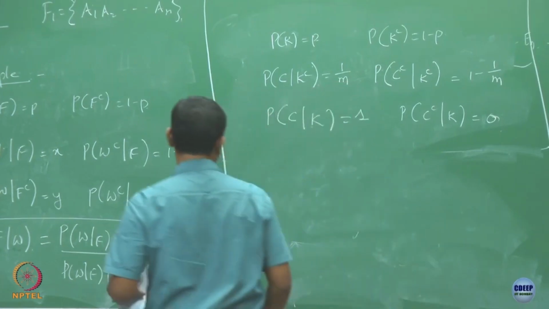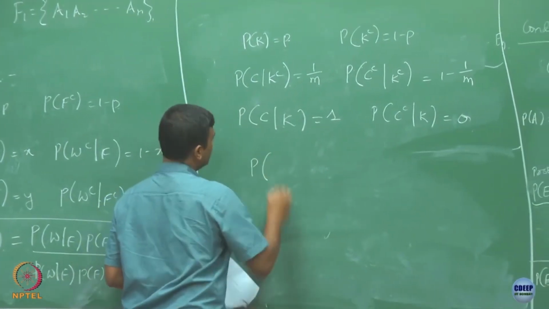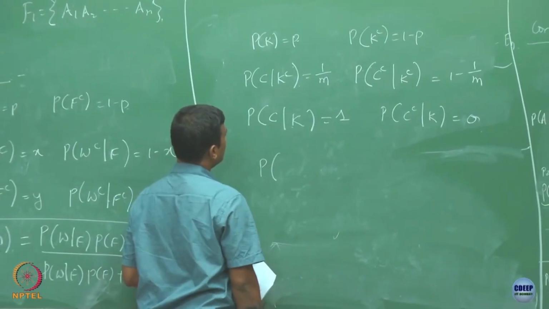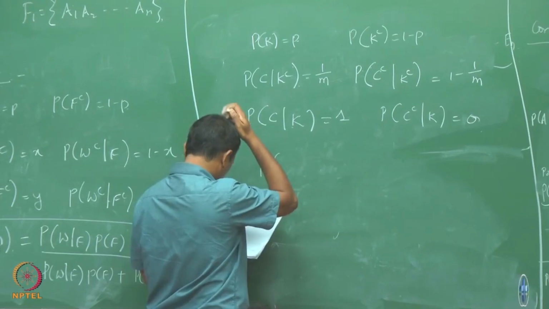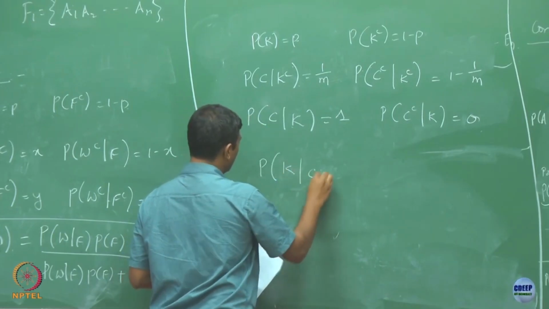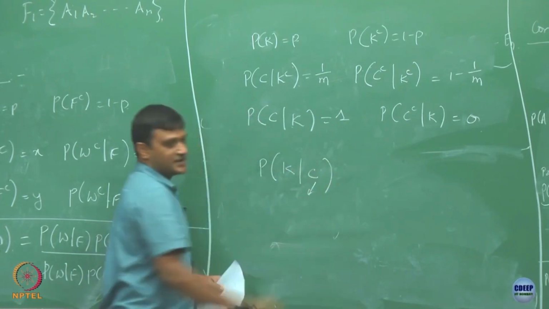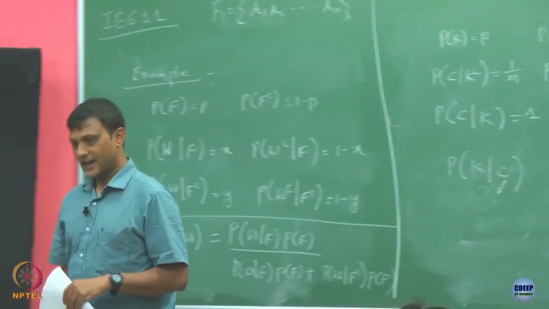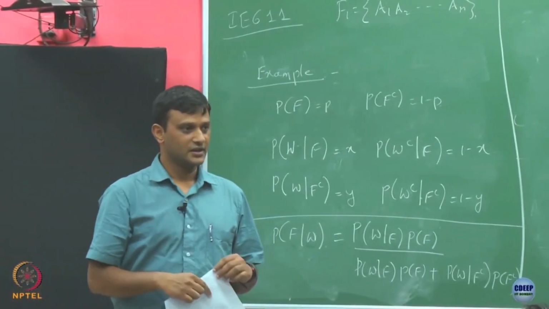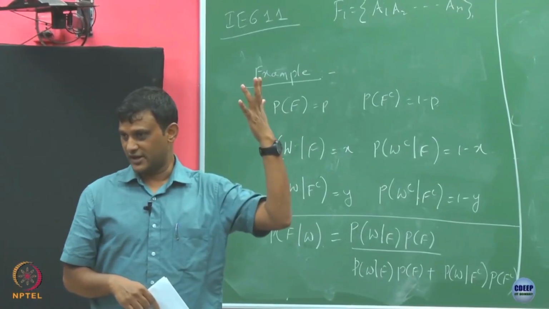He wants to find out this probability. This is my posterior probability I want to compute.